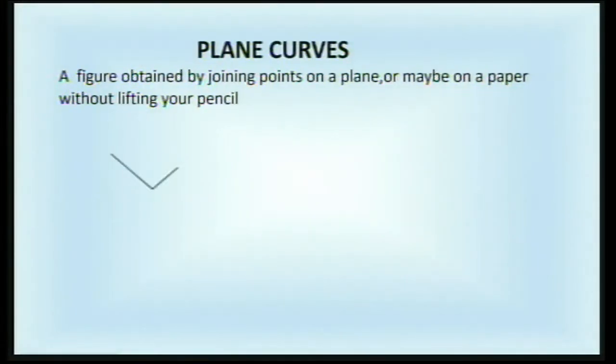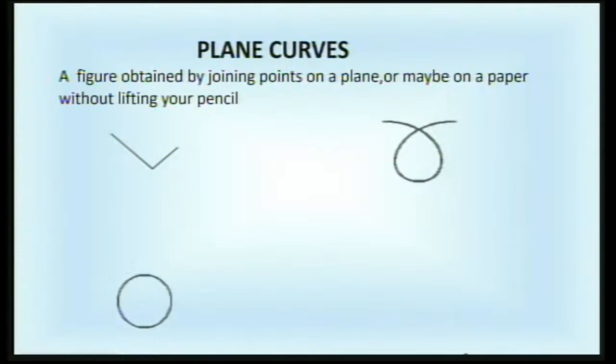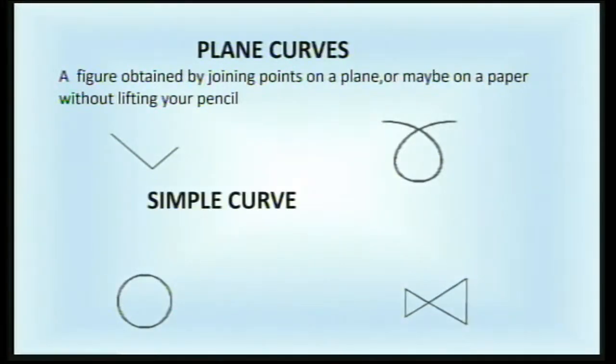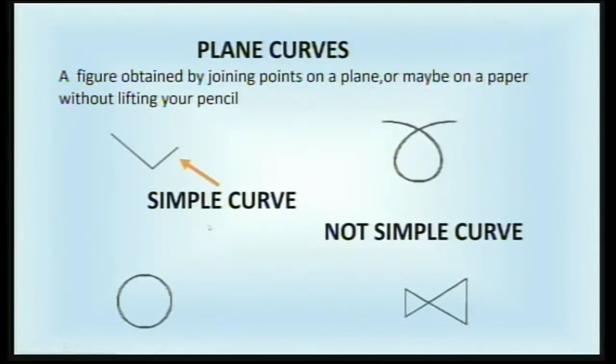I'll take the same 4 examples once again and show you that there is another classification which will work here. Those will be the simple curves and the not simple curves. The ones on the left hand side will be the simple curves, whereas the ones on the right hand side will be not simple curves.